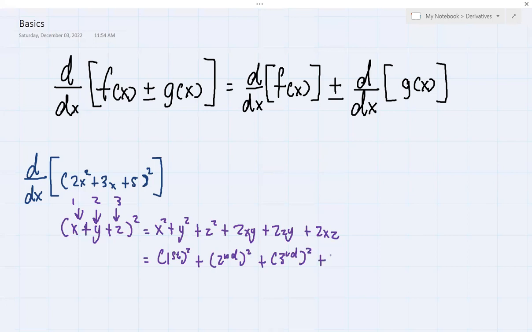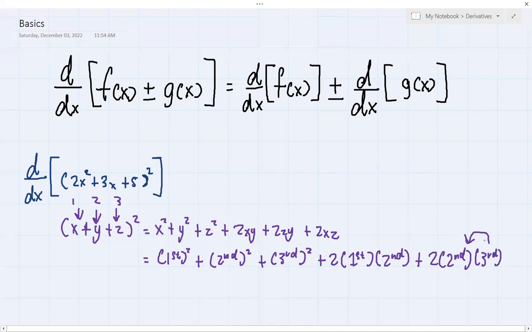then here, twice the product of the first term and the second term. Next, twice the product of the second term times the third term. By the way, they can interchange positions, it's okay. Alright? Plus, twice the product of the first term and the third term.